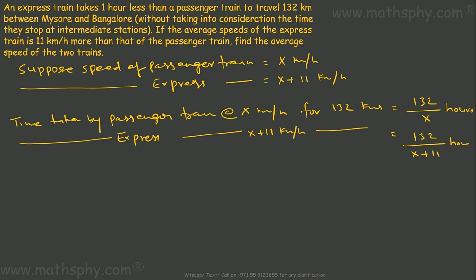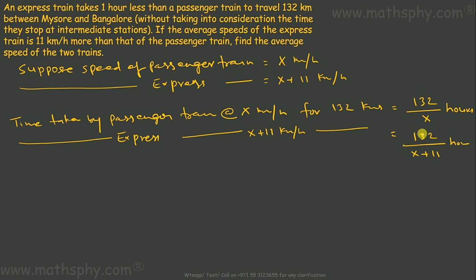Now let's read the question here. It says express train takes 1 hour less than the passenger train, means this time here, 132 over x plus 11, is 1 hour less than this time taken by passenger train.